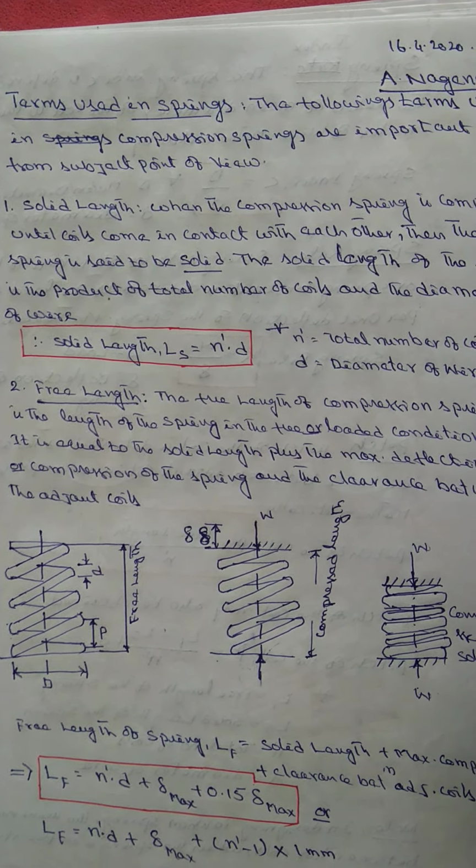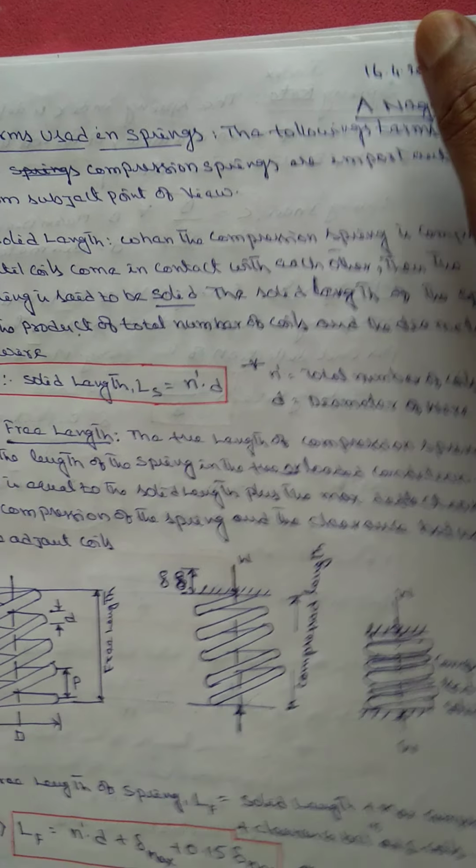How do we define this? When the compression spring is compressed, the coils come into contact with each other, then the spring is said to be solid. Means when we apply the load on the spring, all coils come into contact, then it is called solid length.